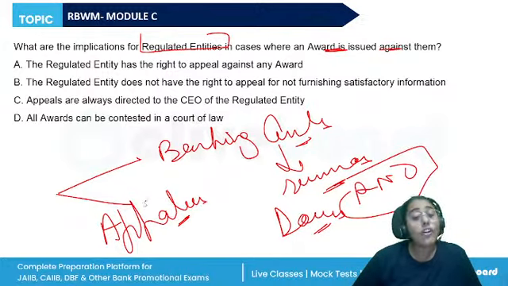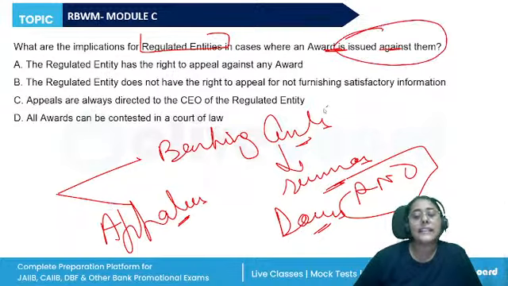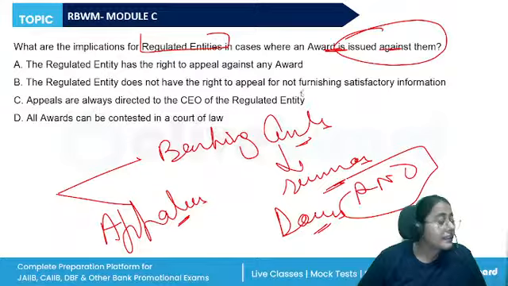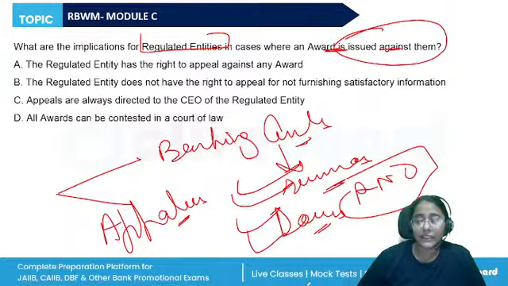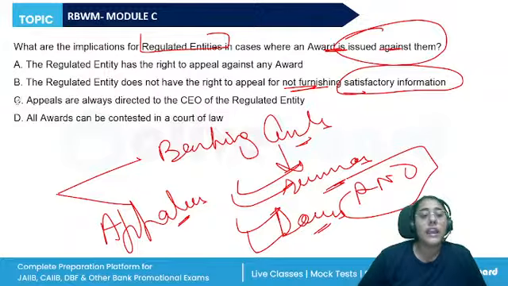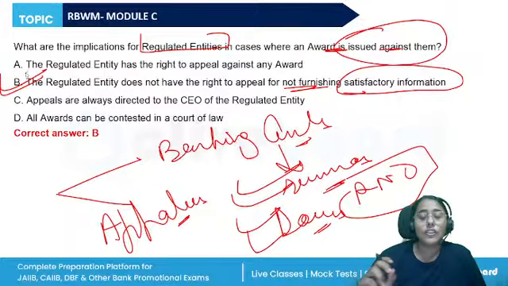The bank also has the right to make an appeal. If the award issued by the ombudsman is against the regulated entity, they can take it to the appellate authority, but only if they had provided these documents. For not furnishing satisfactory information, the regulated entity does not have the right to appeal.